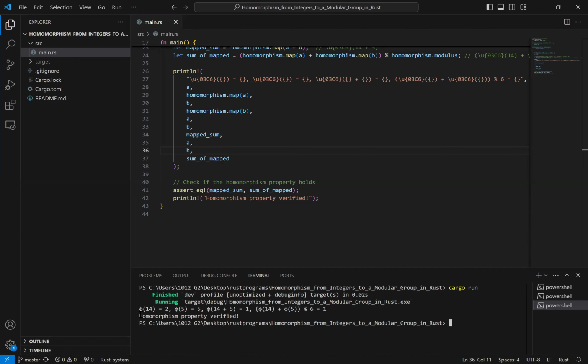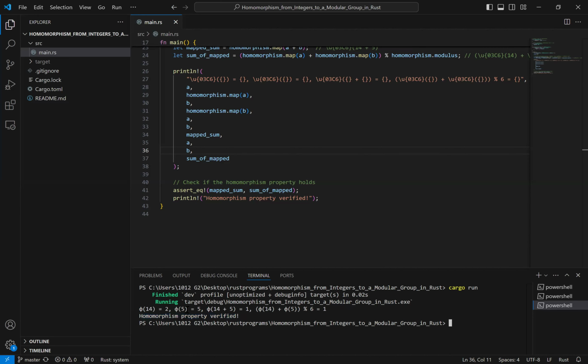Since they're equal, it concludes and says homomorphism property is verified. So that then means that phi as given to us is therefore a homomorphism. Otherwise, if it's not a homomorphism, it will have said the homomorphism property is not verified.